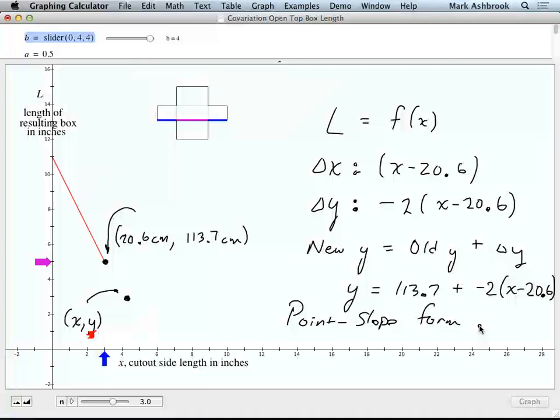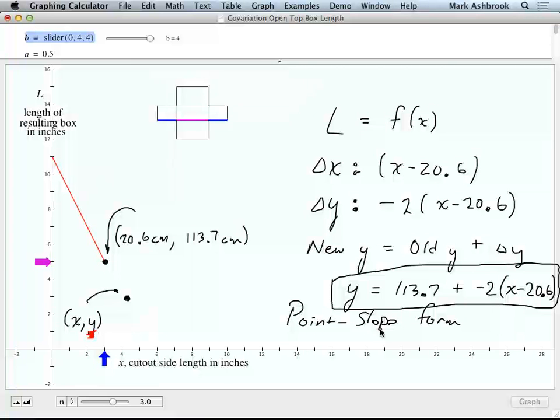This always works, or it always is convenient, I should say, whereas y equals mx plus b isn't always convenient. Sometimes the value of b doesn't really have meaning in the situation. You have to come up with some kind of virtual situation that is similar but isn't really real to make sense of what b would be. But this will always work when you have constant rate of change.